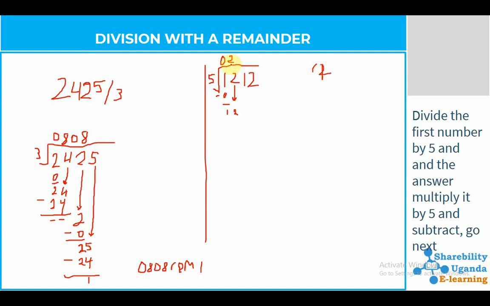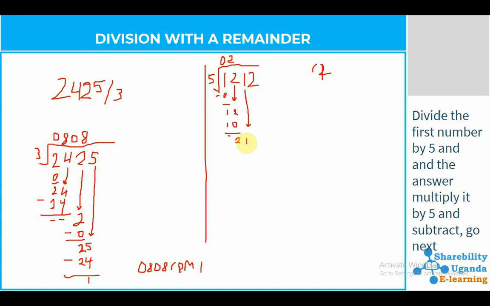So here we say 2 times this, we get a 10. When you subtract this, you shall get a 2. Here we shall get a naught. We also bring this down here.